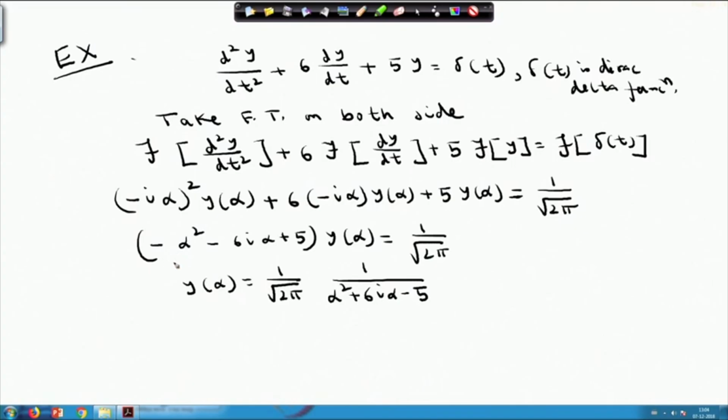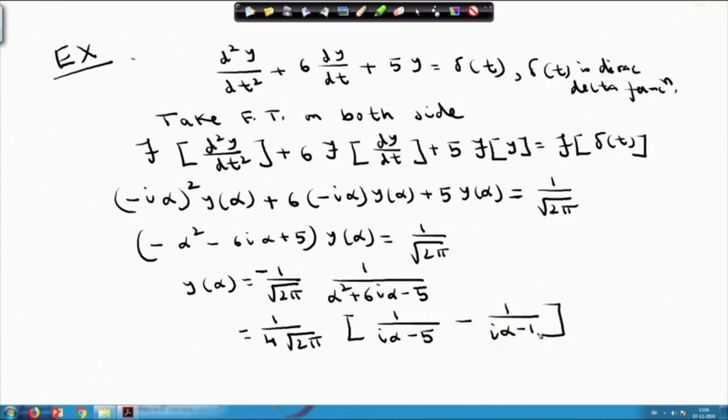So, the minus sign should come over here, and if I break this into two parts, I will ultimately obtain 1 by 4 into root over 2 by pi into 1 by i alpha minus 5 minus 1 by i alpha minus 1.